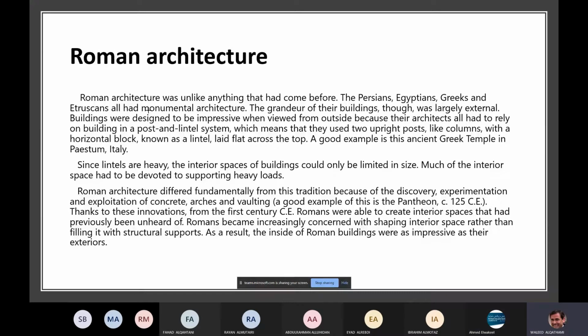Thanks to these innovations from the first century CE, Romans were able to create interior spaces that had previously been unheard of. Romans became increasingly concerned with shaping interior space rather than filling it with structural supports. As a result, the inside of Roman buildings were as impressive as their exteriors.